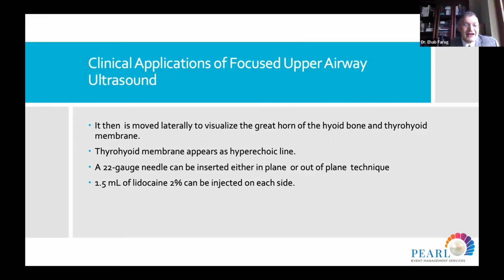Once you see that, a 22 gauge needle can be inserted in either in-plane or out-of-plane technique. 1.5 ml of lidocaine 2% can be injected on each side, and it is quite sufficient.